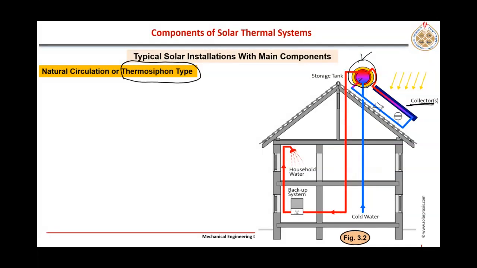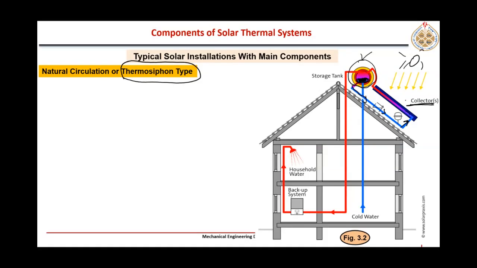Natural circulation means the coldest portion of the water will always be at the bottom of that tank, and that cold water is flowing towards that collector. In the collector, because of the solar radiation, it will heat the absorber plate and the pipe, and the fluid present in those pipes connected to that absorber plate will be heated up.